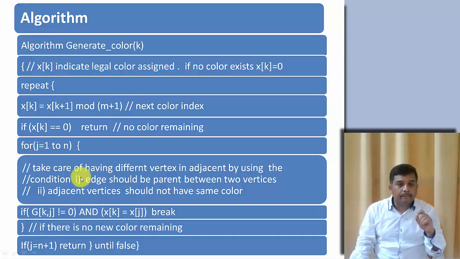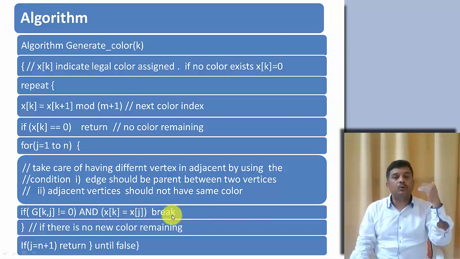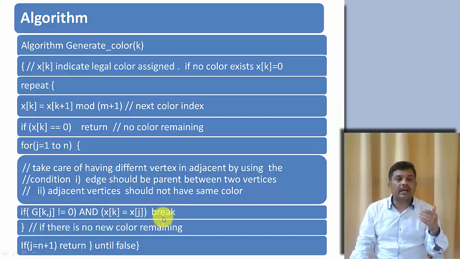So to meet these two conditions, I can write g of k comma j is not equal to 0 and xk is equal to xj. If this condition is satisfied, then I have to go to the next color, meaning I am doing break here. J will become the next j value. If j equal to n plus 1, then I have to return, and I have to do this work until any more colors are left out.